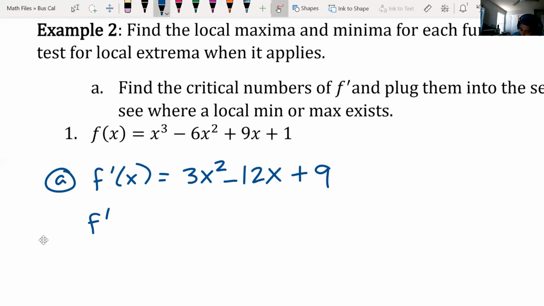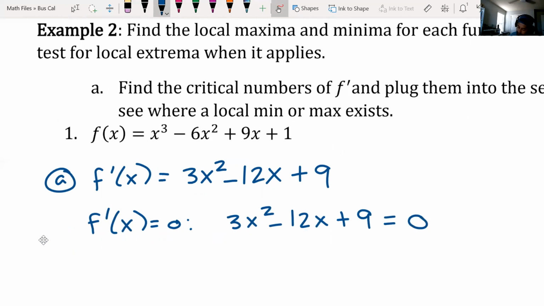Then set it equal to 0 and solve for x. What could I factor out? 3. You get x squared minus 4x plus 3 equal to 0.